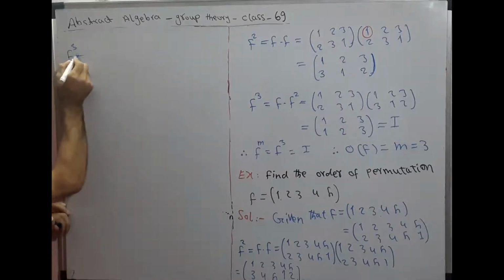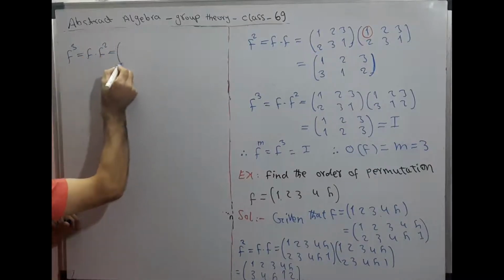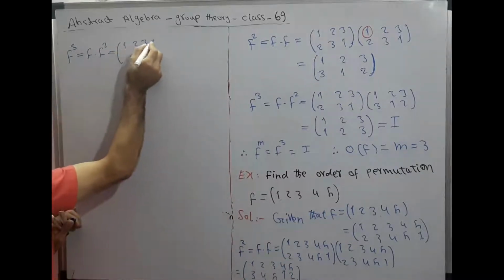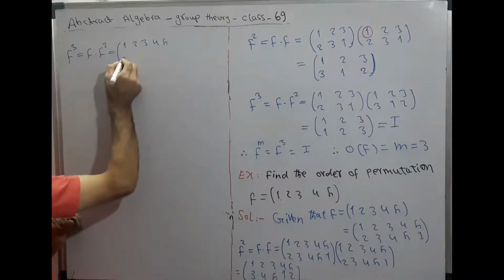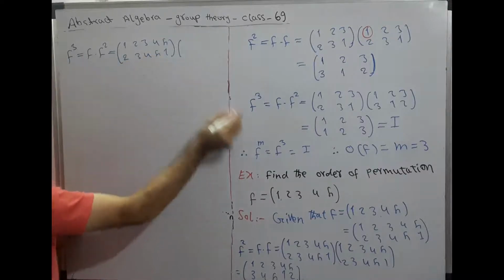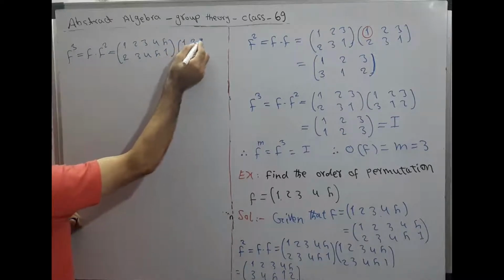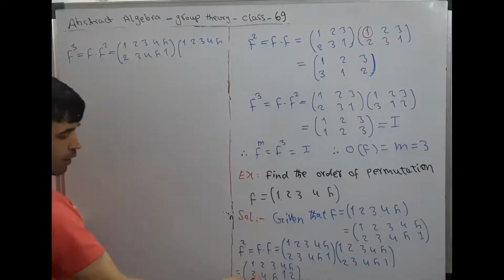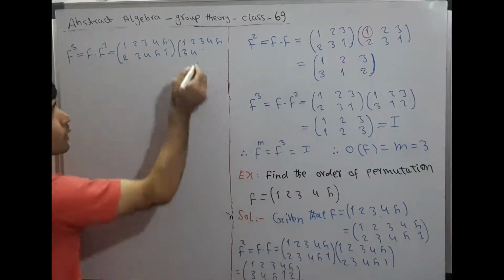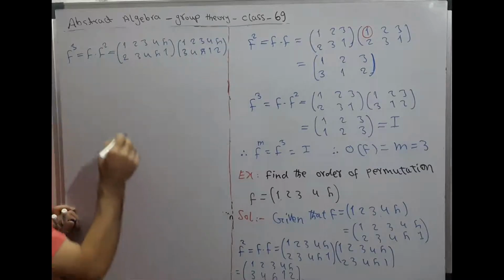f cubed is equal to f into f squared. We have 1, 2, 3, 4, 5, 2, 3, 4, 5, 1 into 1, 2, 3, 4, 5, 3, 4, 5, 1, 2.